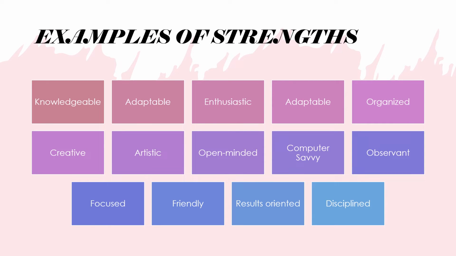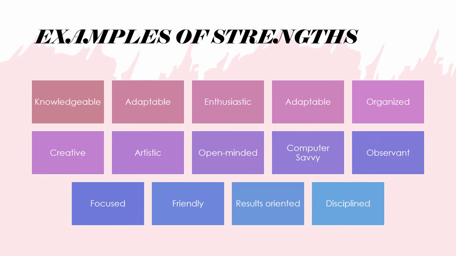Let's take a look at a few examples of strengths. I won't read all of the examples listed on this slide, but I will mention a few that are important and related to teaching. For example, being knowledgeable is a strength because you need to know your subject matter well in order to convey the information to your students.